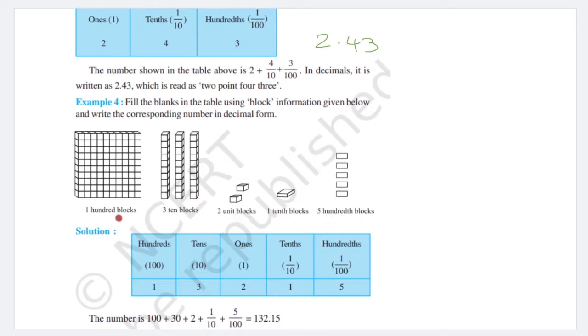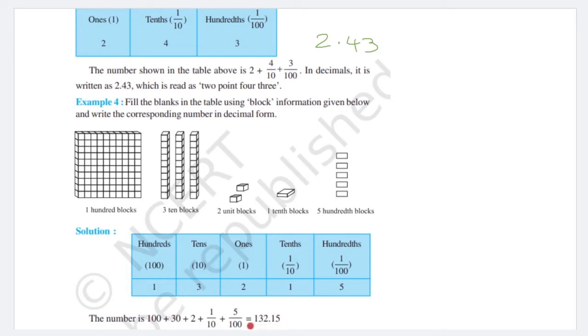So how will you write this? In the hundreds position you will write 1. In the tens position you will write 3. In the ones position, see, this is the ones position, you will write 2. In the tenths position you write 1. And in the hundredths position you write 5. So what will be the number?